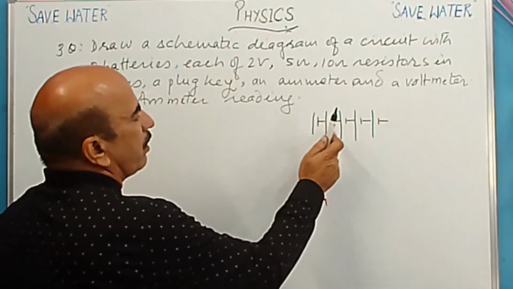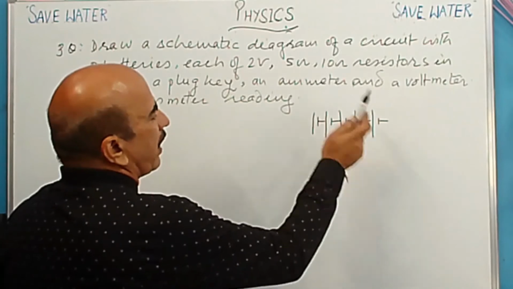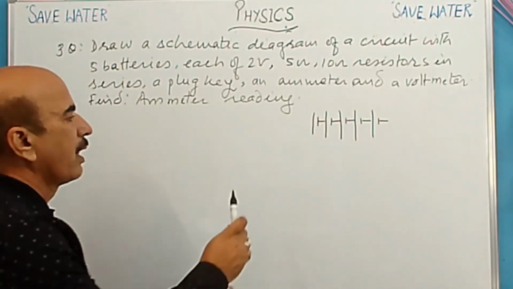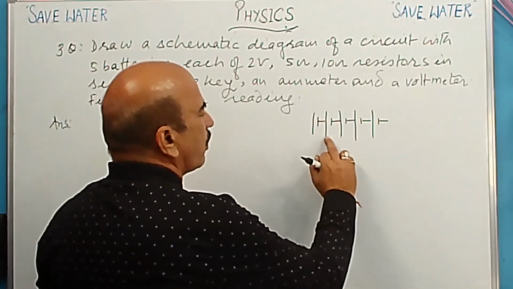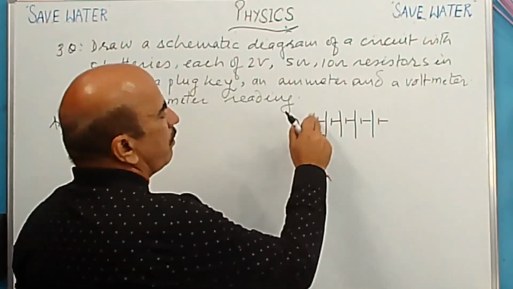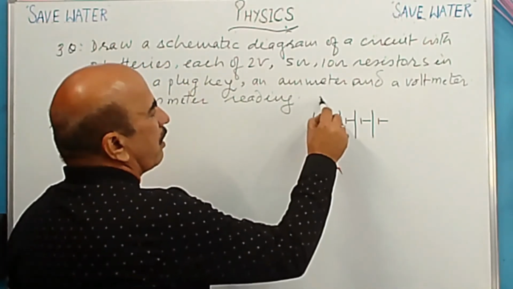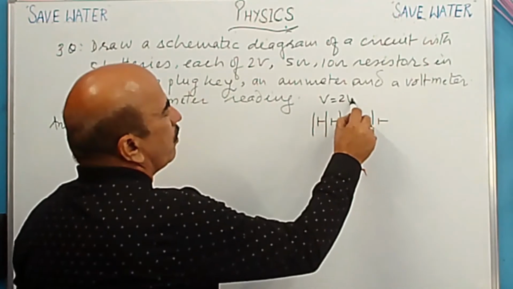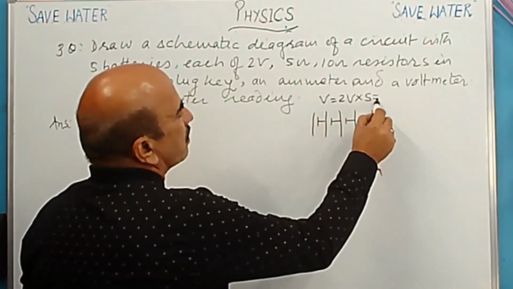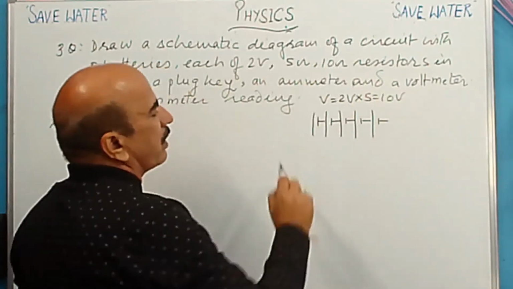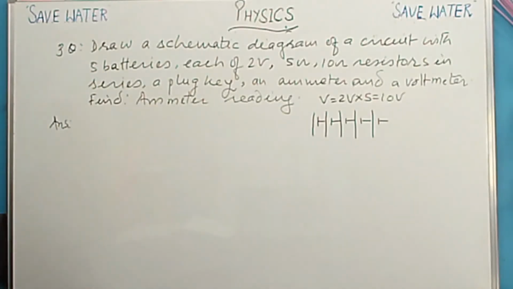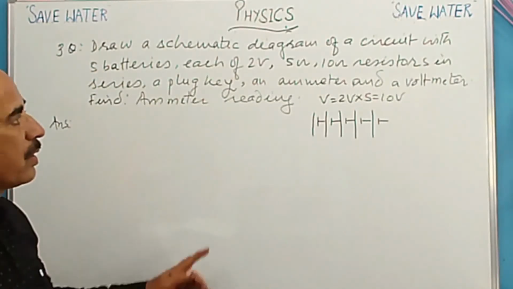So 1 2 3 4 5 batteries हो गया हमारा. And each is of how much? 2 volt. तो total potential कितना होगा? 2 volt into 5 is equal to 10 volt. Each is of 2 volt. Any problem here?